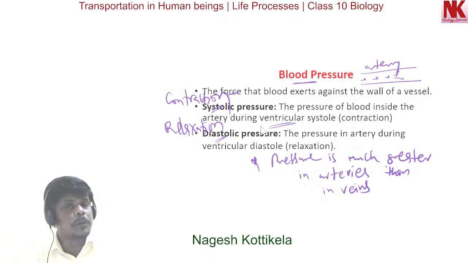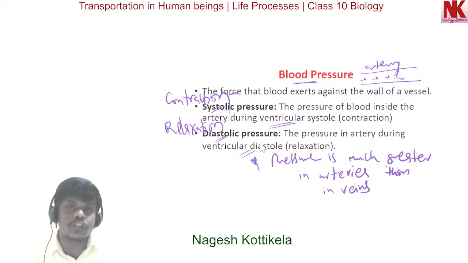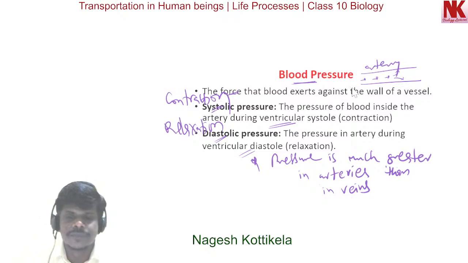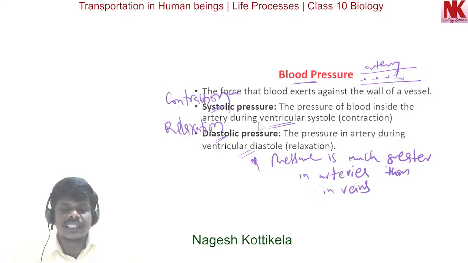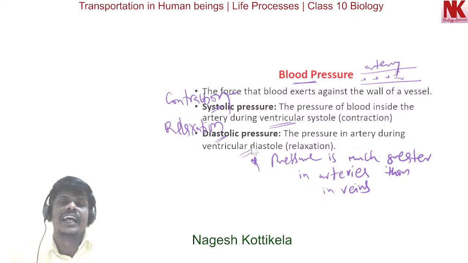Opposite to that, the pressure in the artery during ventricular diastole, when the ventricles relax, is what we call diastolic pressure. So systolic pressure is during ventricular systole, when the ventricles contract. Diastolic pressure is when the ventricles relax.